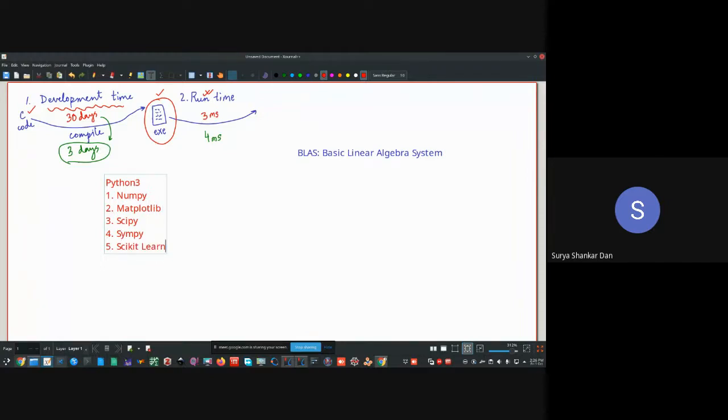Scikit-learn is one of the modules for machine learning. If you want to go for deep learning, you require something called TensorFlow. Let me put a hyphen over here.